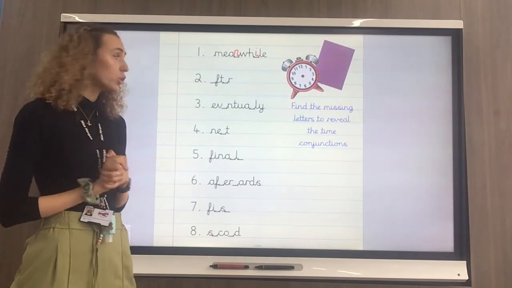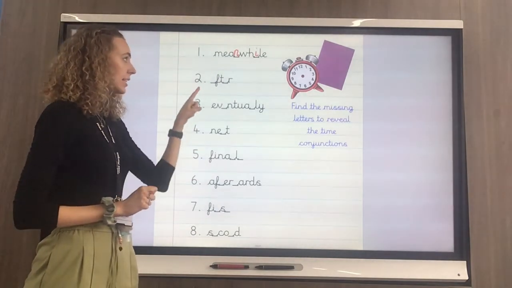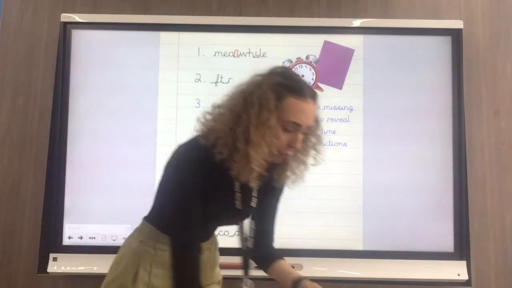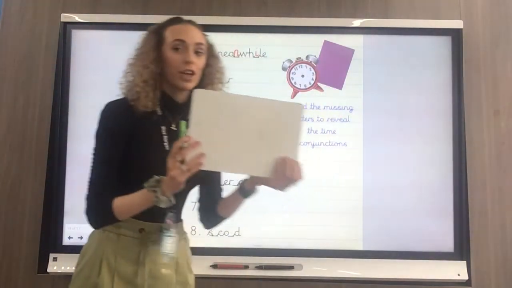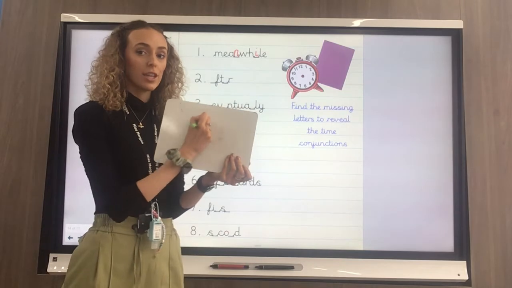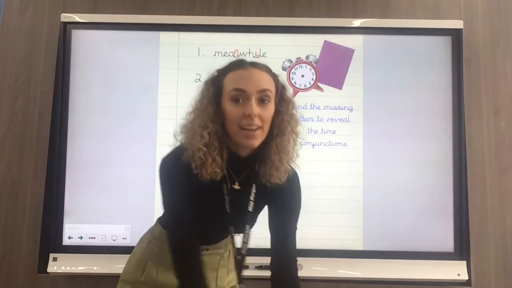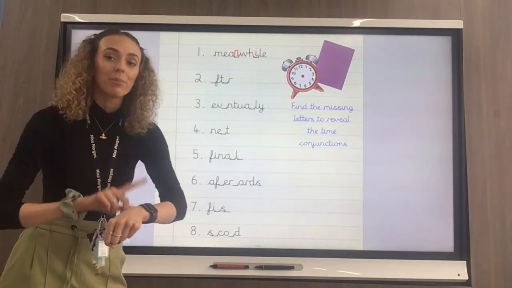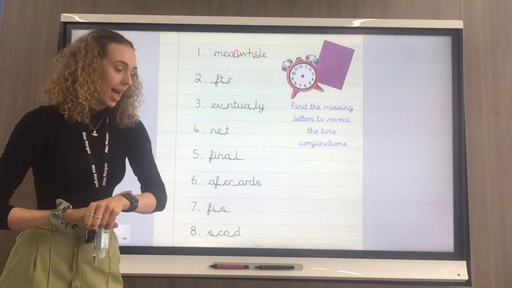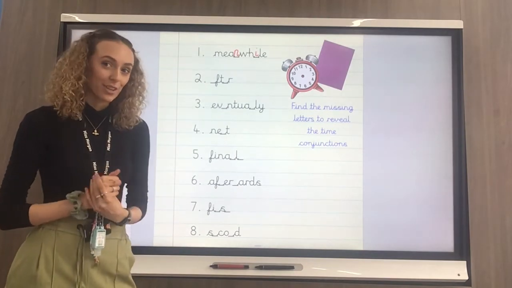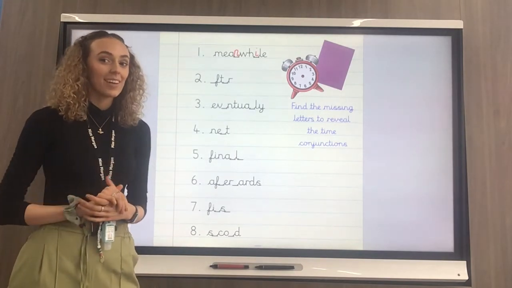So now it's your job to go through these and think, ooh, what letters could I put there? If you are unsure, just have a go on your whiteboard first and see what all the possibilities are. Remember, they are all time conjunctions. Okay, so I would like it presented how I have put, and off you go, Year 3. Hit pause on the video.